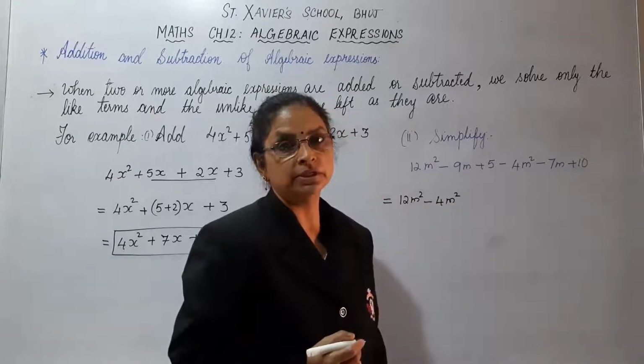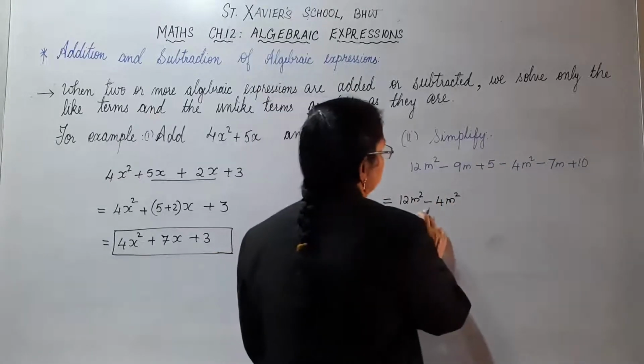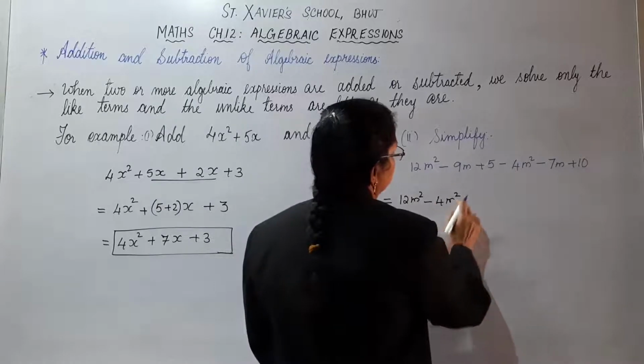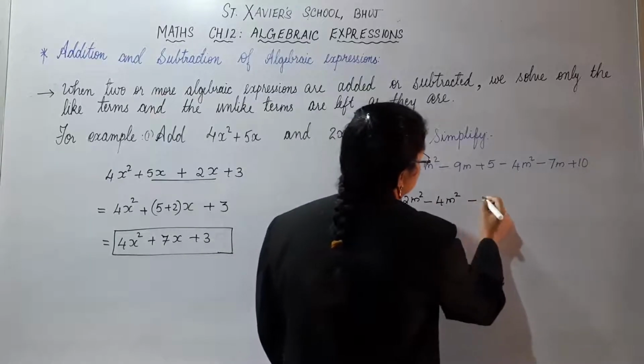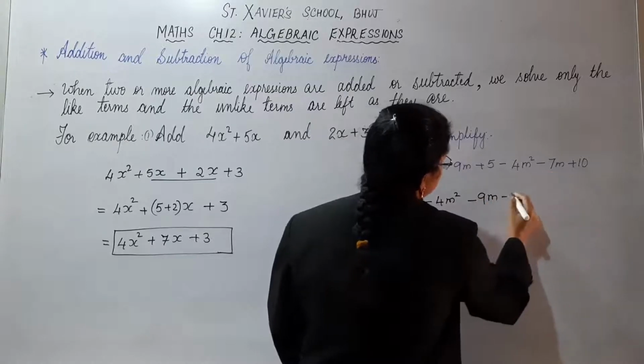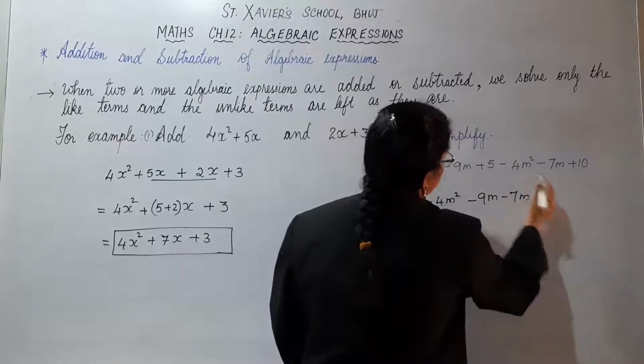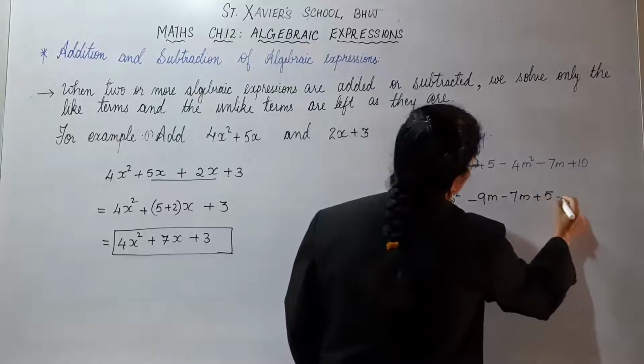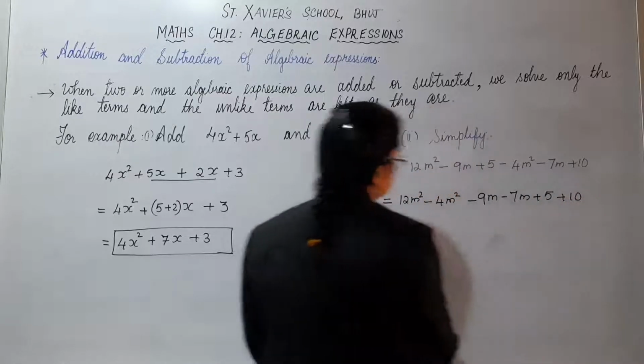So 12m square minus 4m square. Now the second pair, minus 9m minus 7m, plus 5 plus 10.